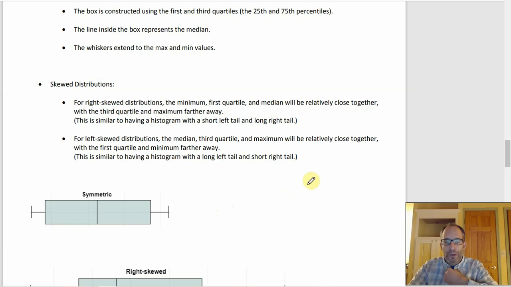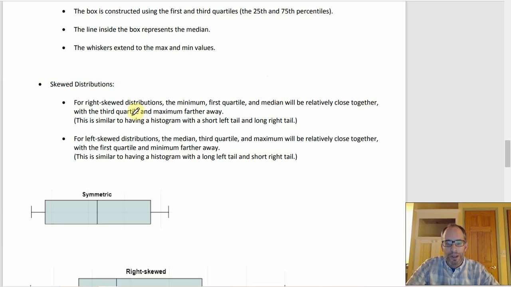But with the skewed ones, you get one side really stretched out and the other side looks compressed. That's like having one long tail and one short tail with a histogram or a frequency table. With a right skewed distribution, you end up with the right side being really stretched out.